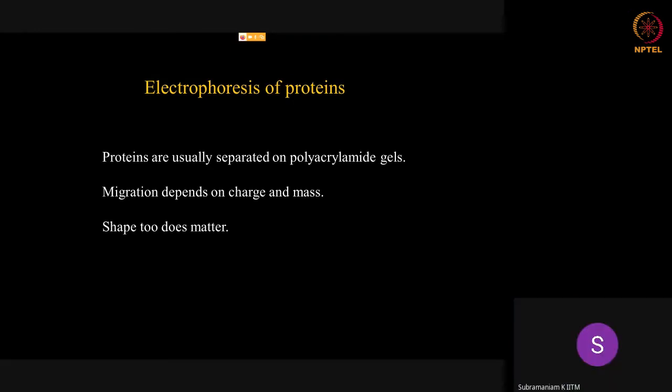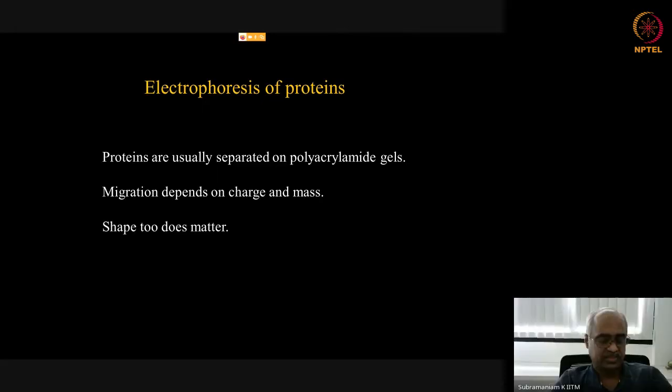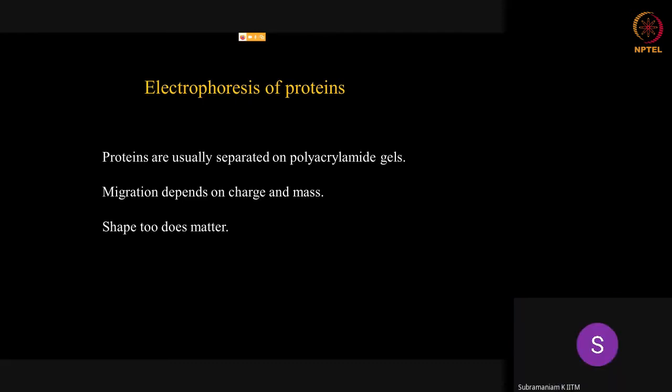So the choice of the matrix depends on the kind of molecules we are separating and the size of the molecules. For larger molecules, polyacrylamide gel is not very suitable because the pore size will be very small, and so DNA are not usually separated using polyacrylamide, although it's very useful for separating oligonucleotides and for sequencing DNA.